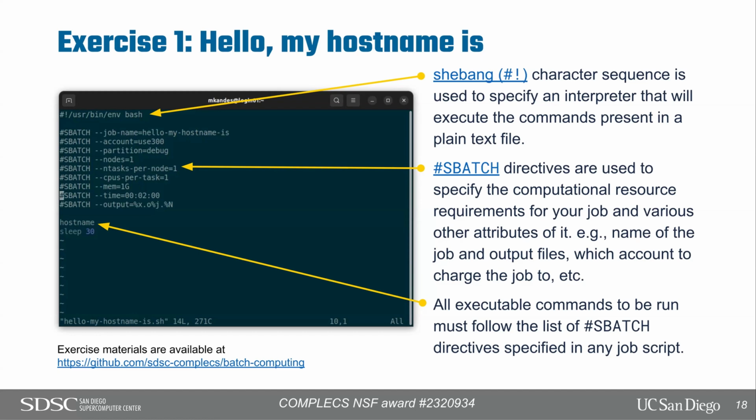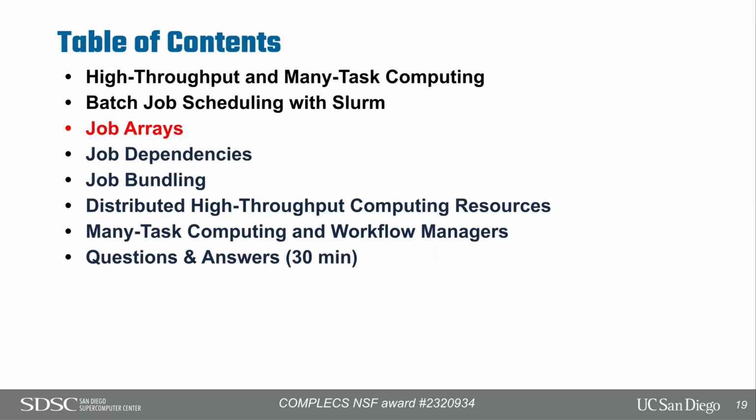You have to charge every job to an account. There are different partitions and things that we talked about in the last talk, then you request the resources, and then you run your commands. This is the general structure of a job script. So that's the initial definitions of high throughput computing, mid-task computing, and a quick review of the job scheduling with Slurm we talked about in the last talk.